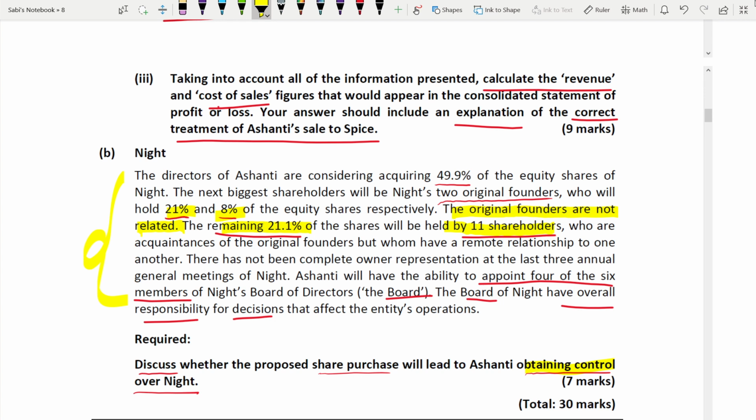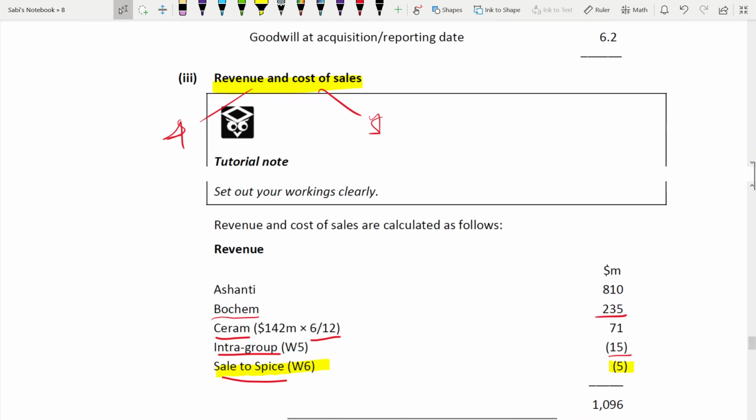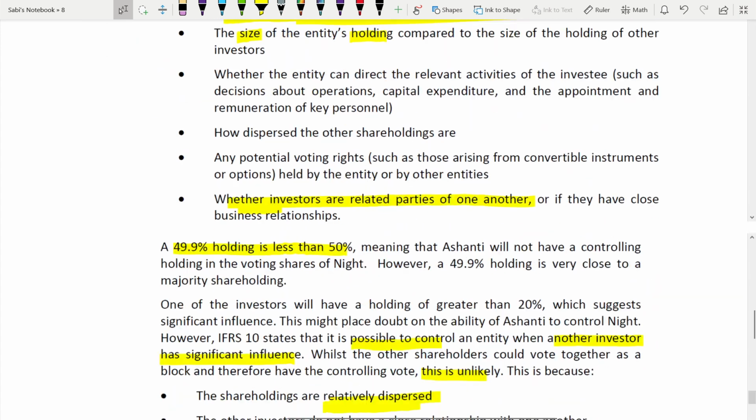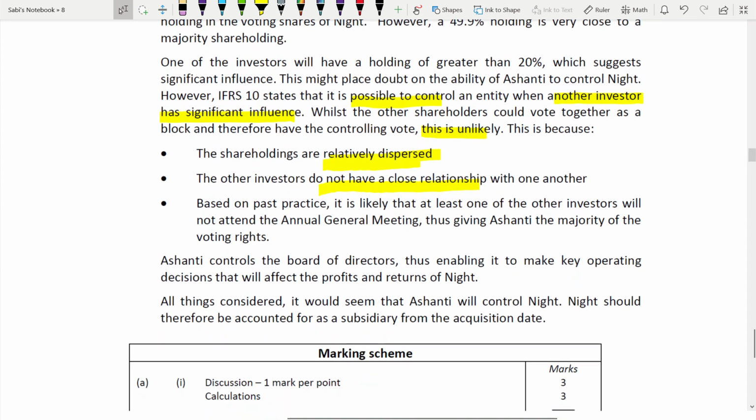And here also, remote relationship to one another, investors do not have a close relationship with one another. So these two lines say that. Can you see how they are picking points from the case study? But they are not copy-pasting exactly from the case study. They are writing in their own words. That's it.